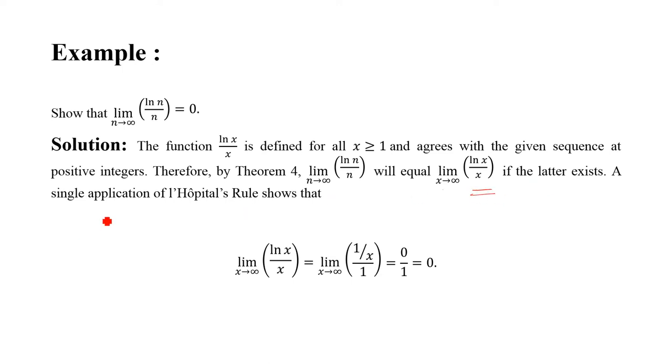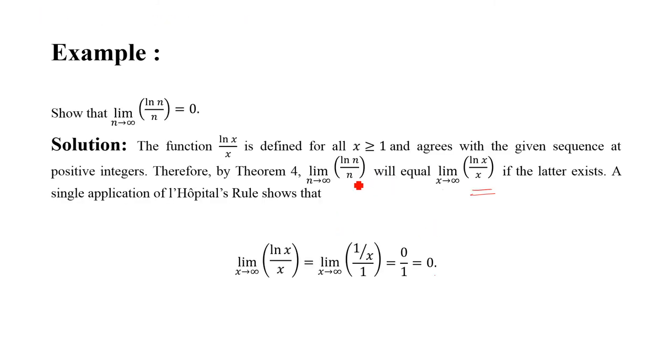With a single application of L'Hopital's rule, we can prove this limit exists and is equal to 0. So this shows that the limit of natural log of n over n as n approaches infinity is 0.